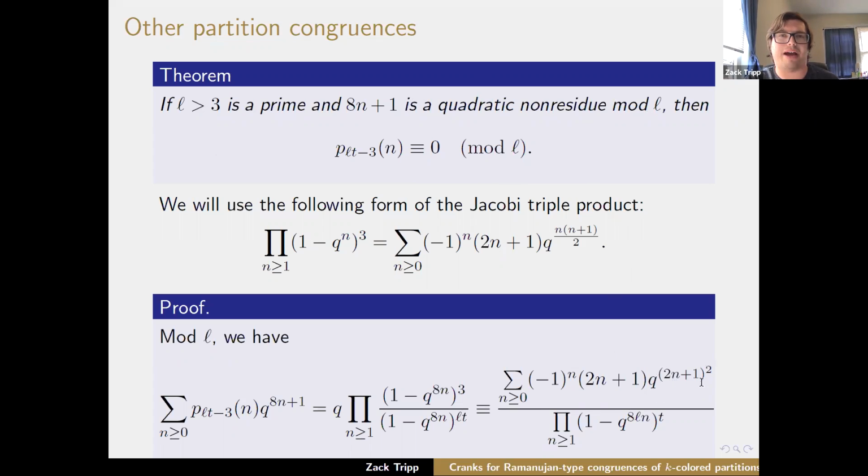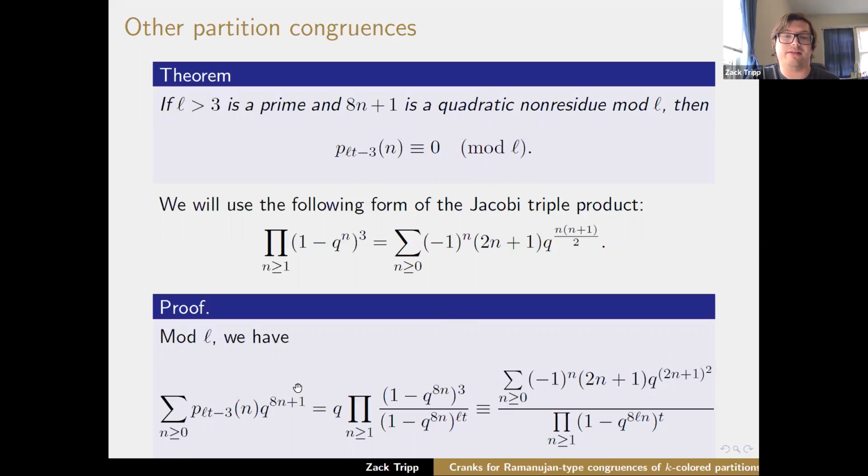The only powers of q that have non-zero coefficients are those that are squares. And in the denominator, the only powers of q that have non-zero coefficients are ones that are divisible by L. So essentially, when we multiply denominator times numerator, we have something that's a square plus something divisible by L. So in other words, the only things that can be non-zero are quadratic residues.